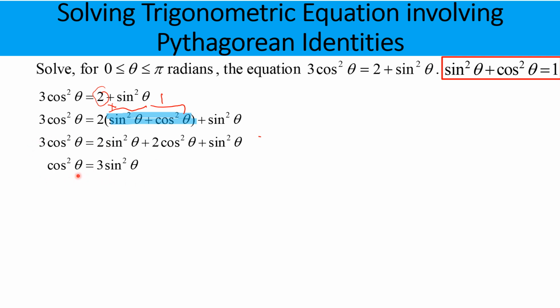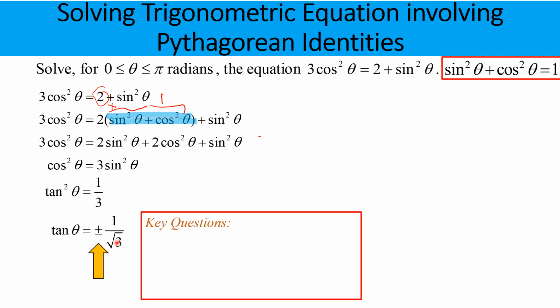With this, I can convert the equation into a tangent, so I will get tangent squared theta equals 1/3. I also mentioned in my previous video that when we have a square, an exponent, such as tangent squared, when I take the square root, we should remember to have a plus and minus sign involved.